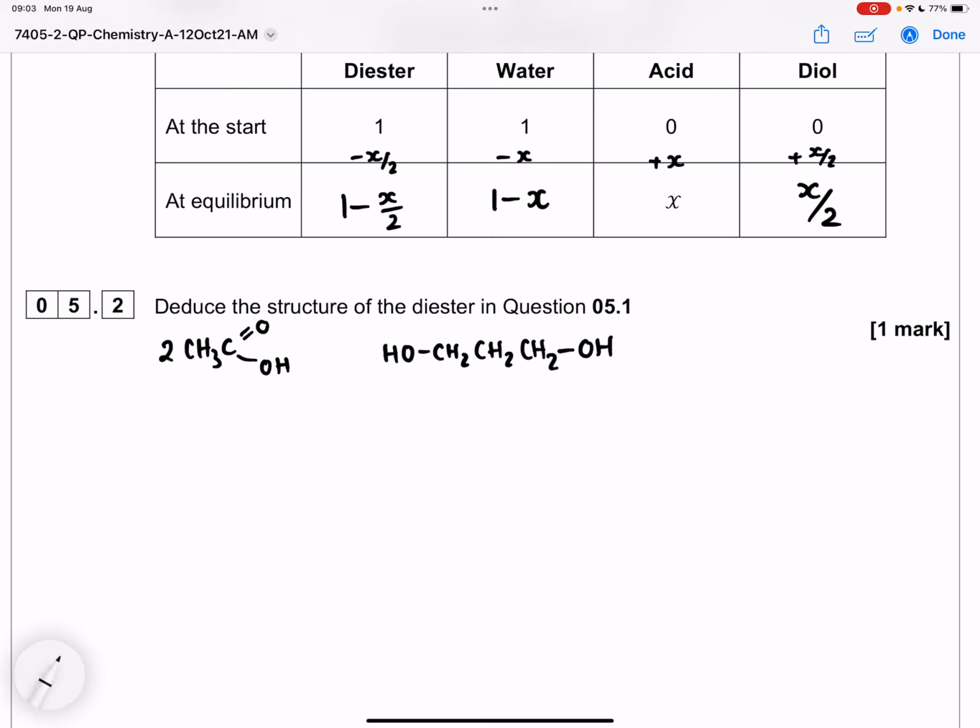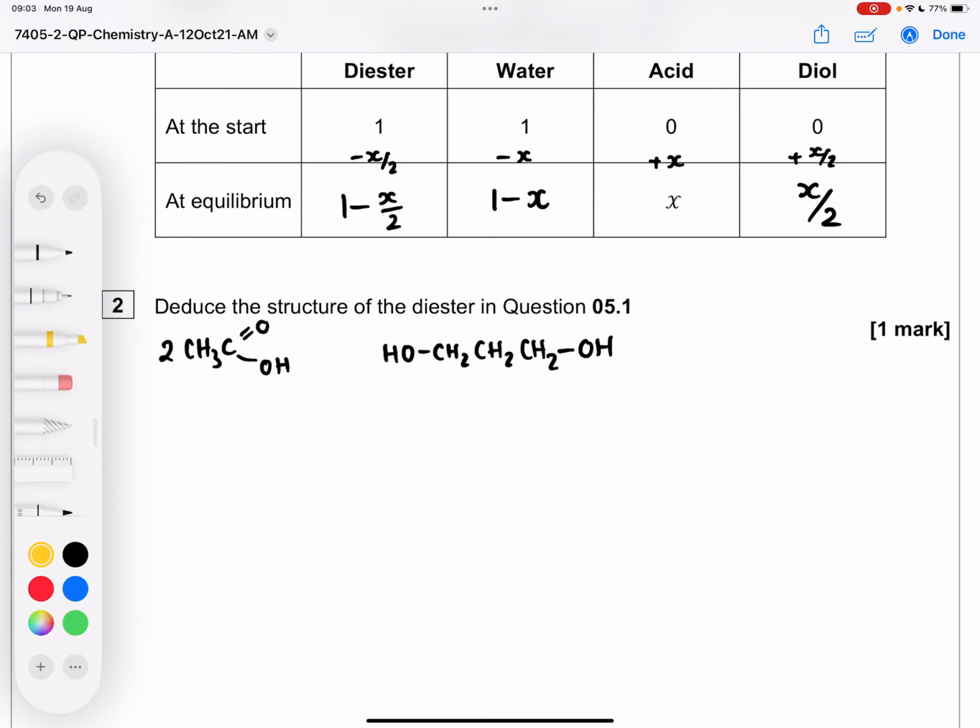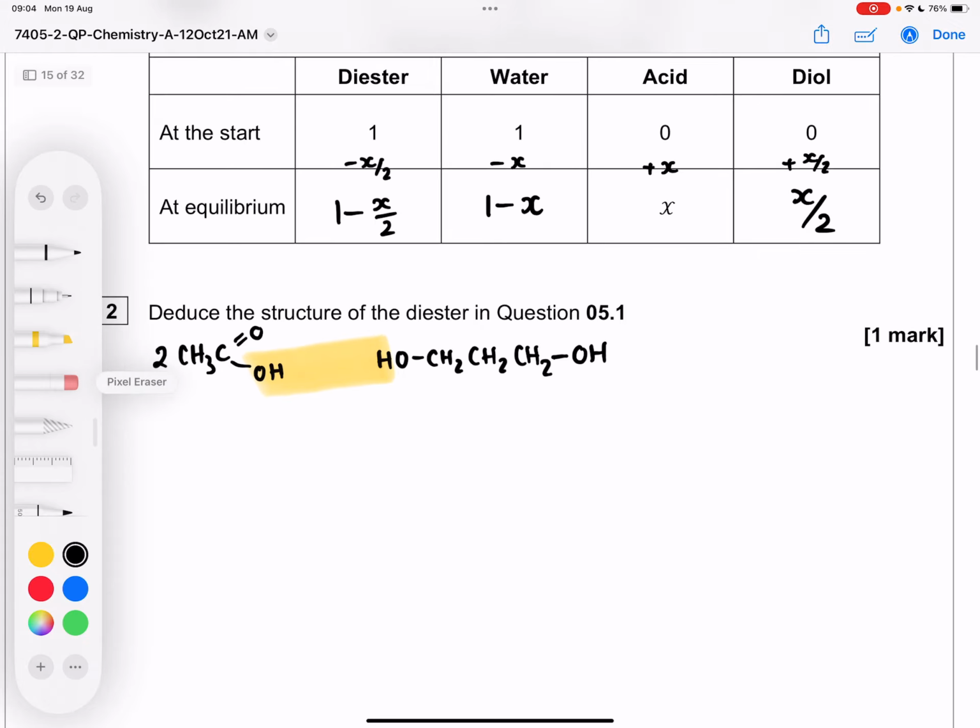Now remember that when you form the ester, so we're breaking up the ester here, but when you form it, then the OH of the carboxylic acid and the H from the alcohol are going to be removed as water. So I'm going to cross out this 2 here and write another one of these ethanoic acids at the other side backwards so that I can see what's going on.